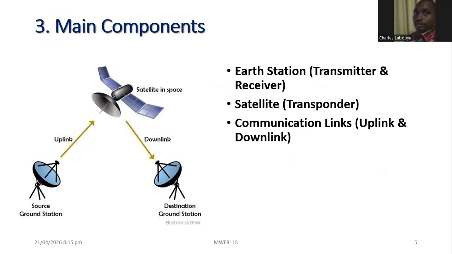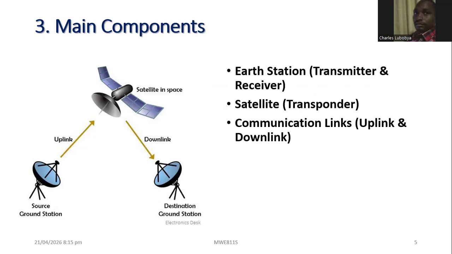And then you need also the transponder, which is the second component, the actual satellite, which is launched in space, which will act as a repeater. And as we know, any repeater is essentially to get the signal, regenerate the signal, remove all the noise, amplify it, and then relay or send it to the receiving or destination ground station.